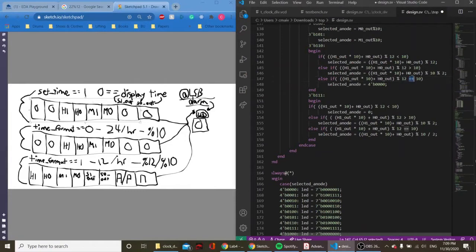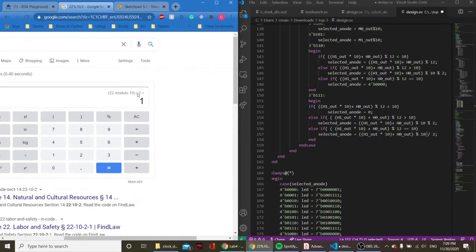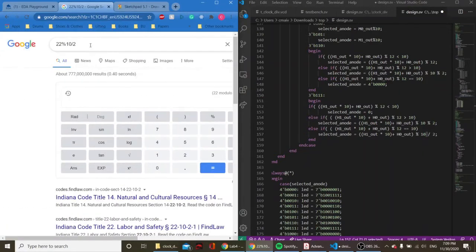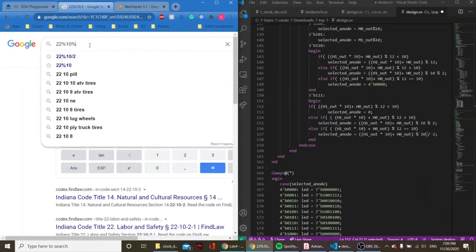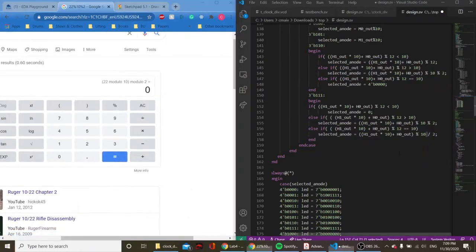However, when we get to the case of 22, where it's equal to 10, we have to catch the 22 and make that 0, which is this hour digit. For this one we have to perform a different expression, which would be 22 mod 10 divided by 2, which gives us 1 in the leftmost digit, which we need. If we did mod 2, you'd get a 0, so it wouldn't work. So that's how 10 p.m. works.